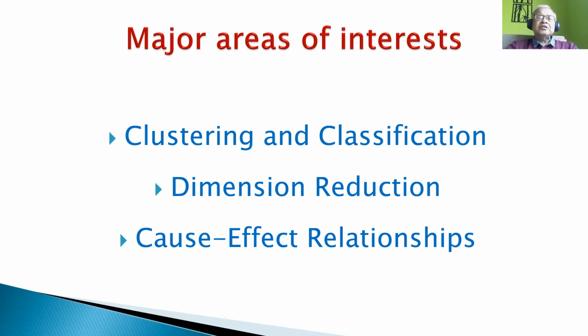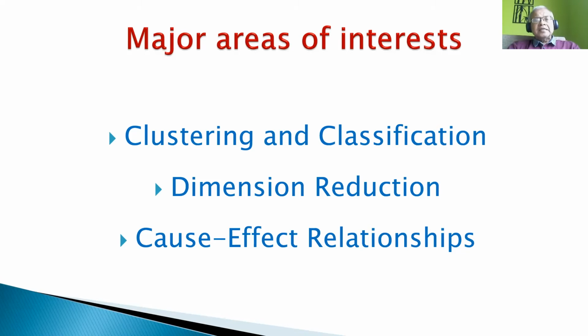This way also the dimension can be reduced. This way also the features can be understood better, the relationship between the variables. So this is another area that has come from bivariate data to multivariate and then to cause-effect relationships in general for multivariate analysis.